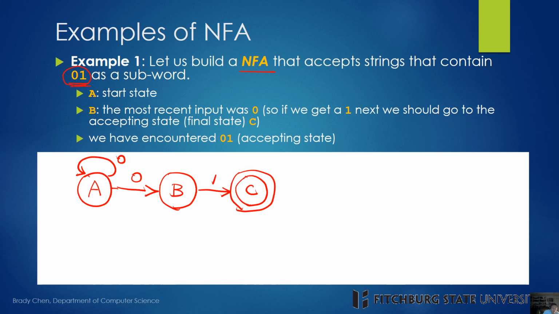And as long as the next one is 1, then we go to the final state. And if the current input is 1, we can also allow it to stay in A.